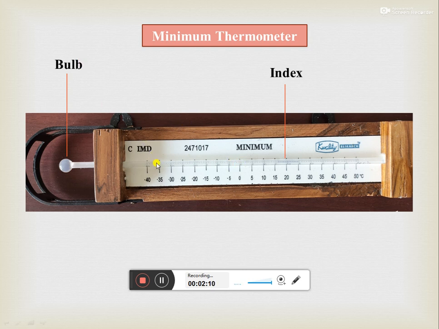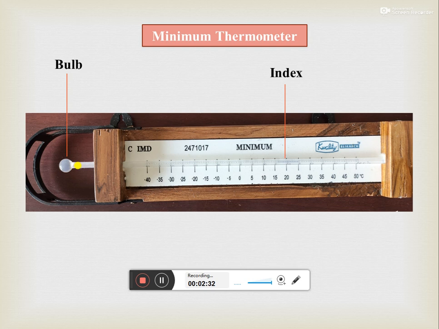So when the temperature decreases during the night time, the alcohol contracts, and because of that the index also moves along with the contraction of the alcohol and goes towards the bulb side. This happens because of surface tension.